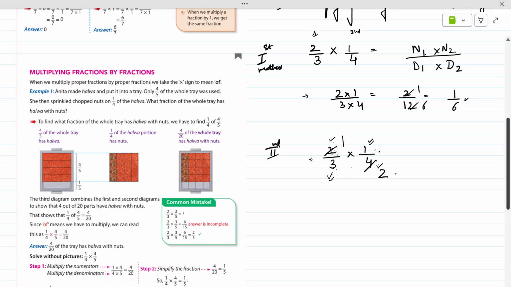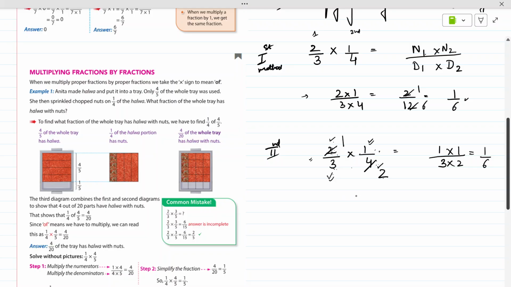So in the numerator we are left with 1 multiplied with 1, and in the denominator we have 3 as is, multiplied with this 2 because we have divided this 4 by 2, so we have got 2 here. So the answer will be 1 by 6. Okay, so this is the second method where we can divide the numerator and denominator of both the fractions.